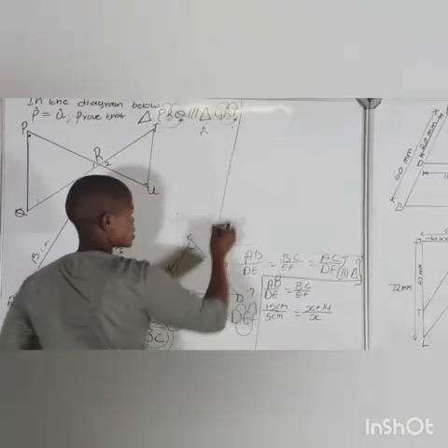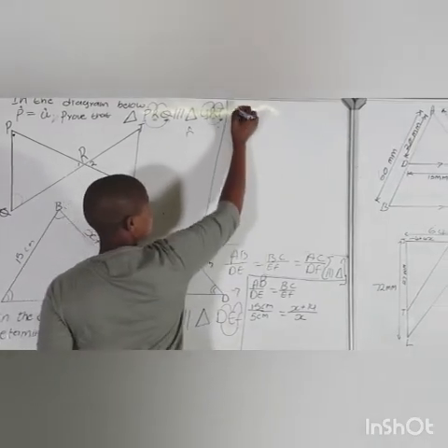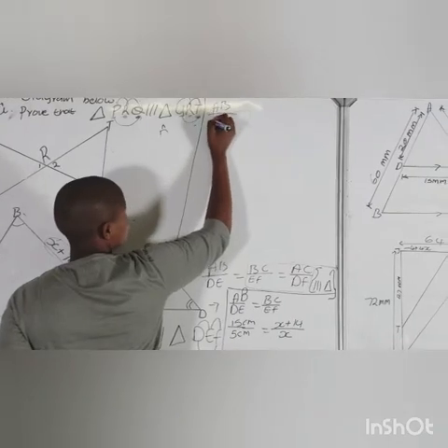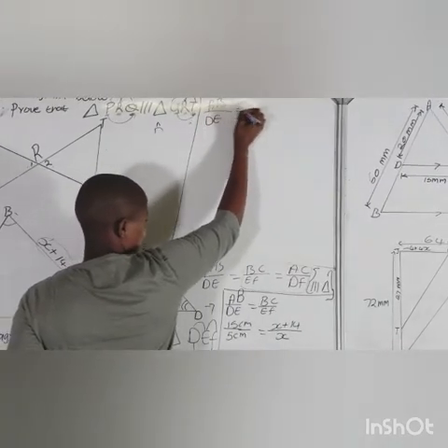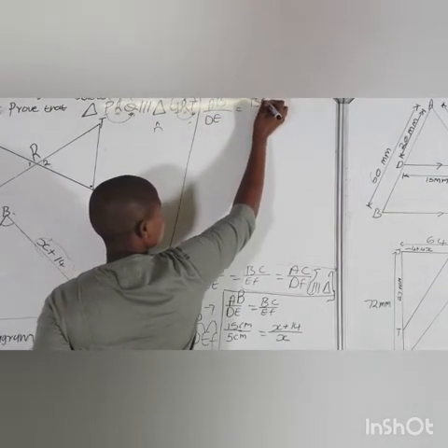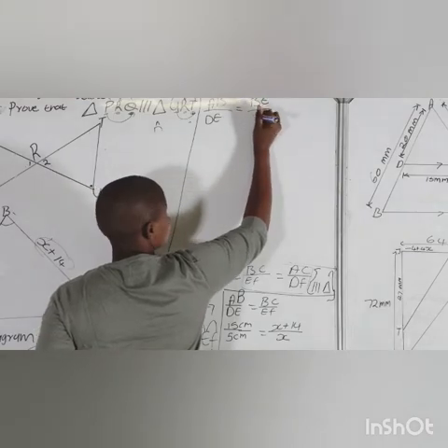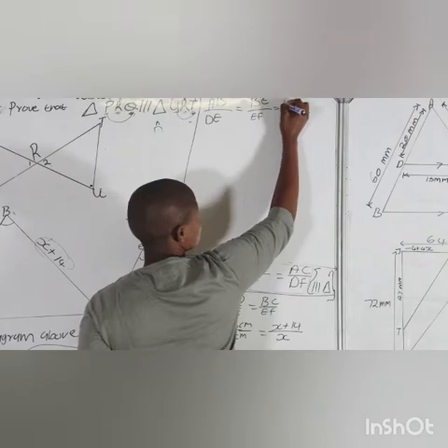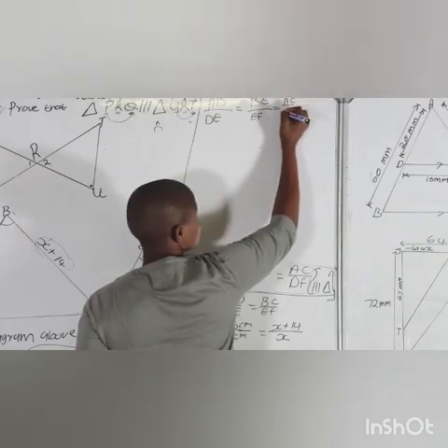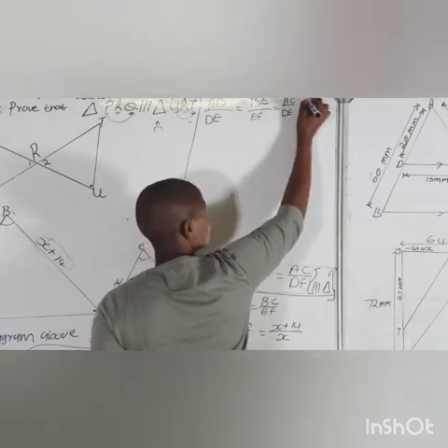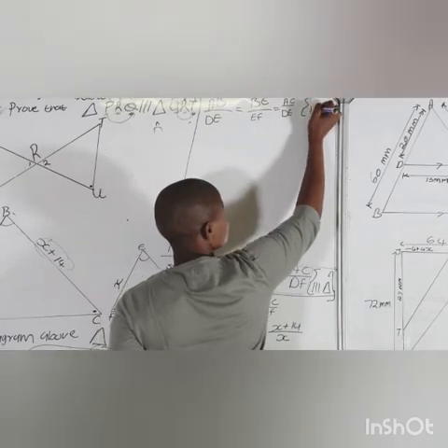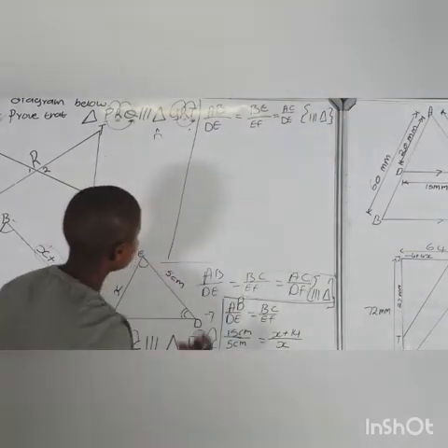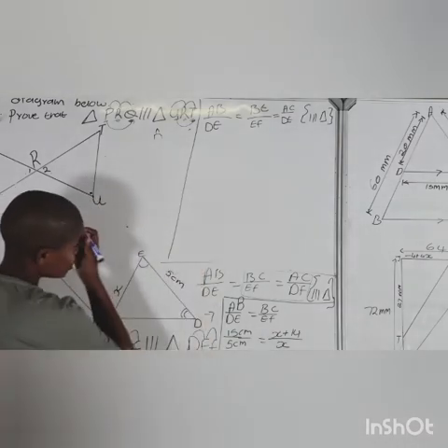I will say AB over DE is equals to BC over EF is equals to AC over DE. And then I'll say similar triangles.